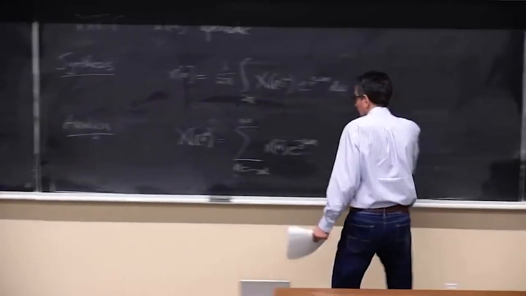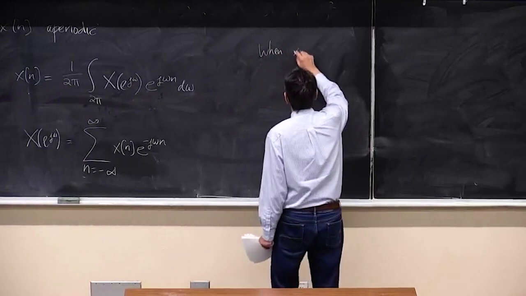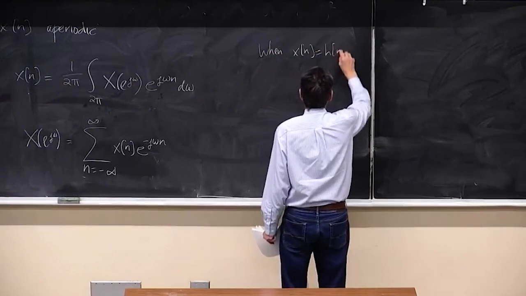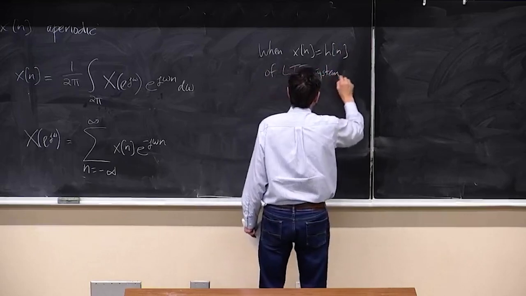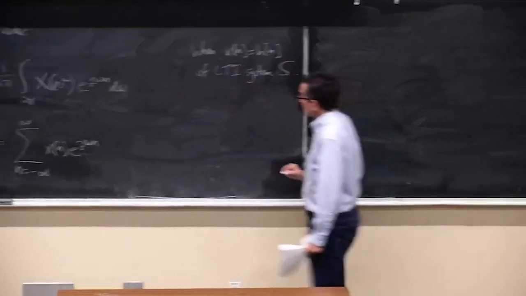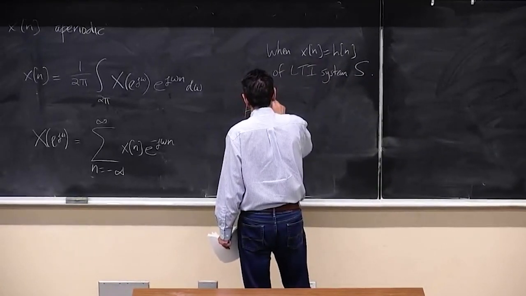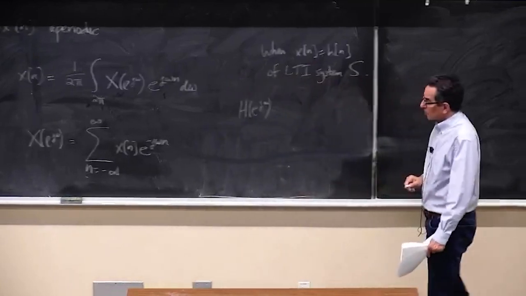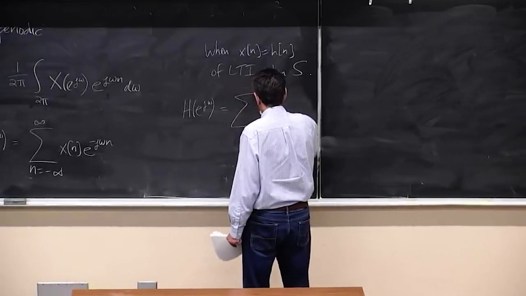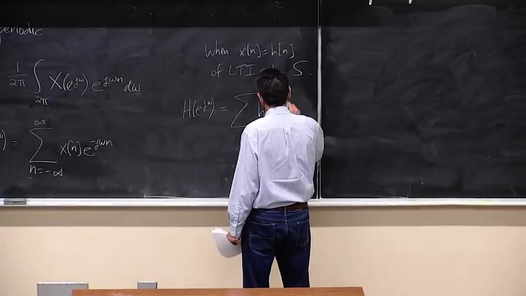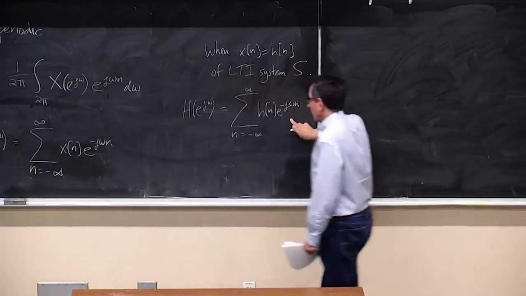So when x of n is equal to the impulse response of the LTI system, call it S, then the resulting discrete time Fourier transform is nothing other than the thing that we had said was the frequency response of our system.